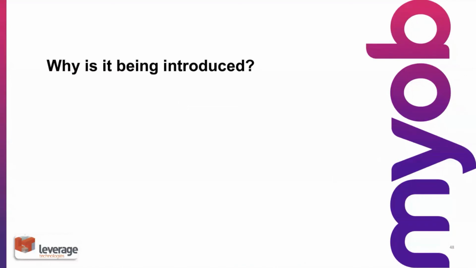Why is it being introduced? I guess it depends on your point of view. From the ATO's perspective, it's largely compliance. We talk about aligning the payroll with regular reporting. When you submit your single touch payroll, the relevant fields in the BAS will be updated automatically, the W1 and W2 fields, that's for the employers.